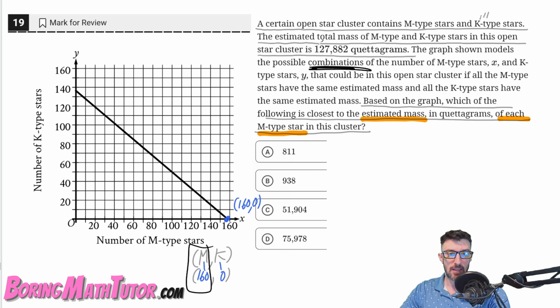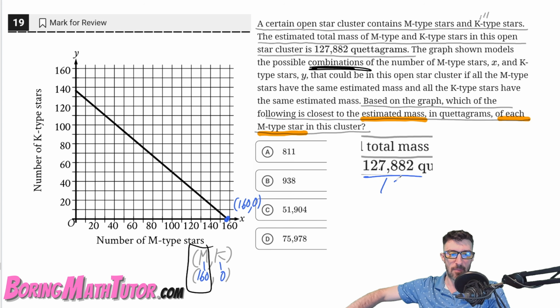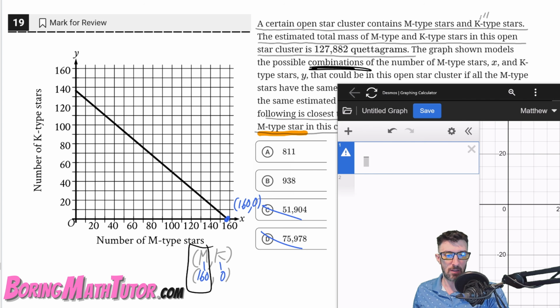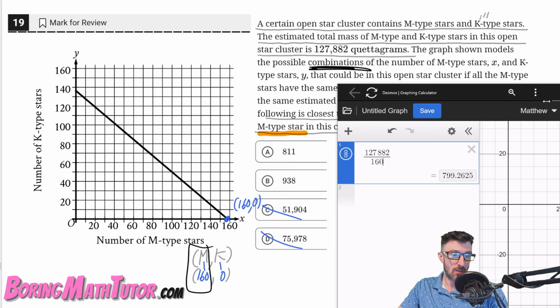So that would take up the total mass. So if the total mass is 127, we just want to divide that by 160 to figure out what each one is. And it's clearly not going to come out to either one of these, but if you type it in, you will get about 800. So yeah, we're going with A then.